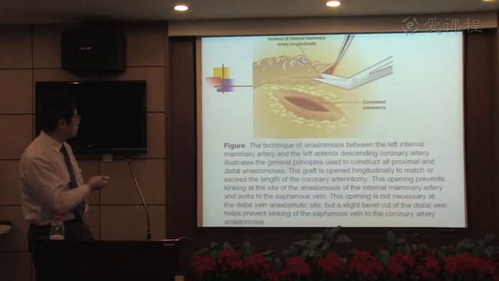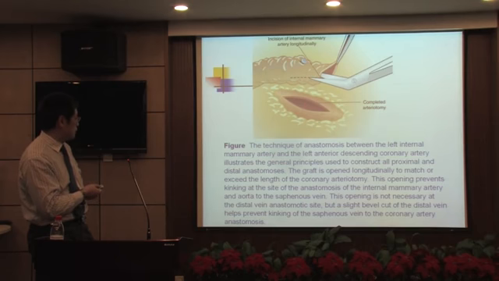And here shows the technique of anastomosis between the left internal mammary artery and the left anterior descending coronary artery, LAD. The general principle is used to construct all proximal and distal anastomoses. You can see here the graft is opened longitudinally to exceed the length of the coronary arteriotomy here.